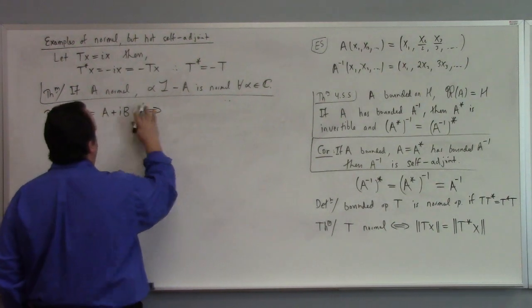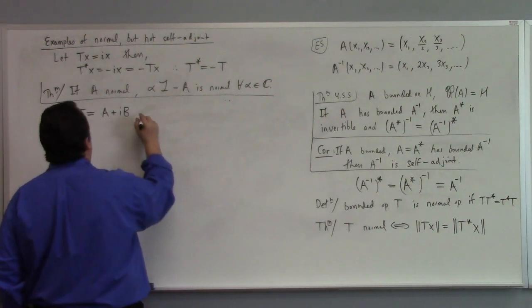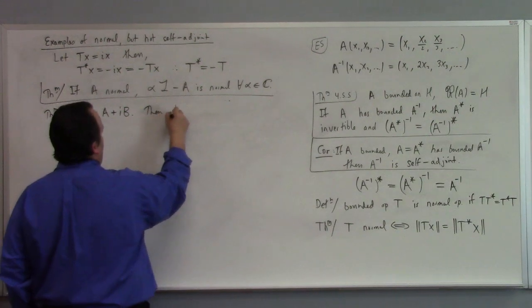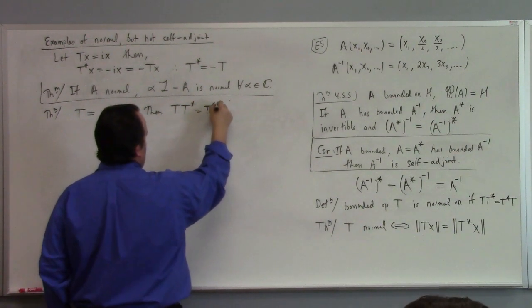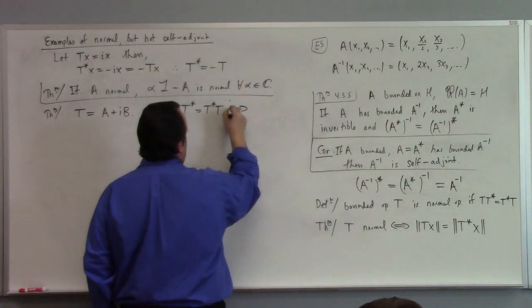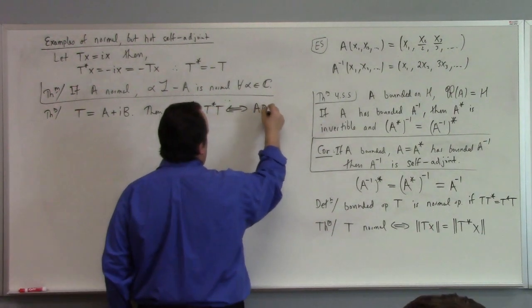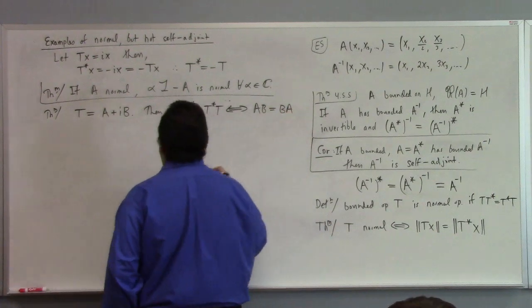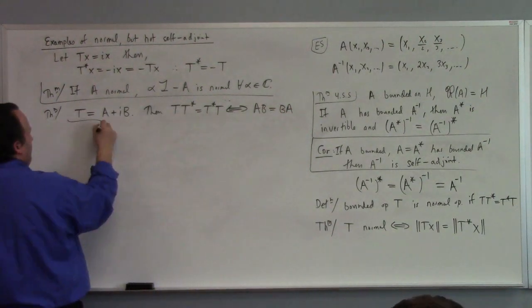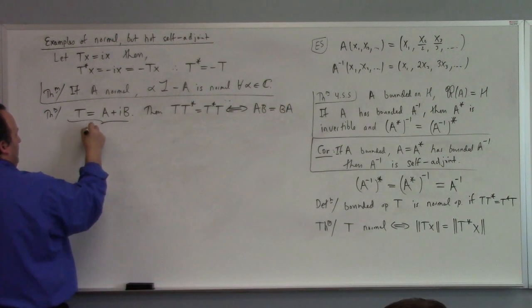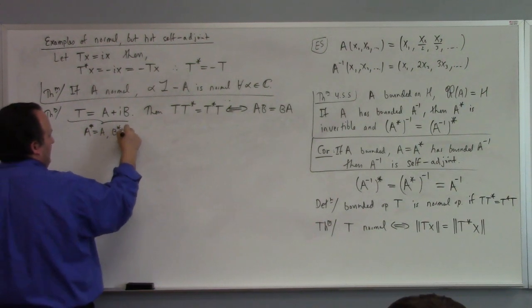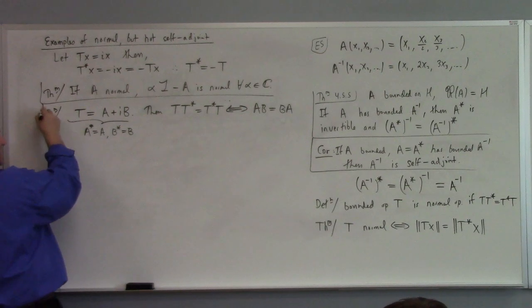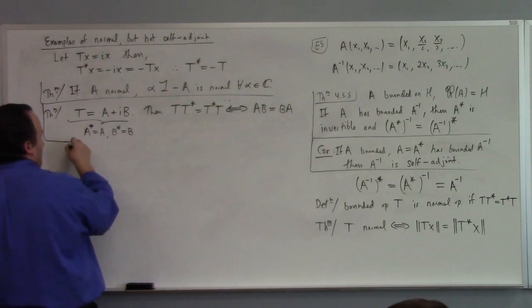Then T star T equals T T star if and only if AB equals BA. Here, of course, we're talking about A and B being the unique self-adjoint operators that decompose T, as we talked about in the theorem earlier today.